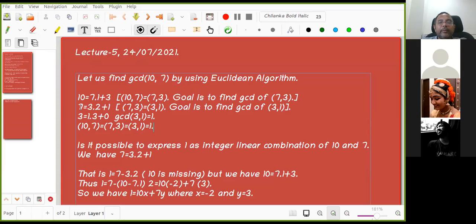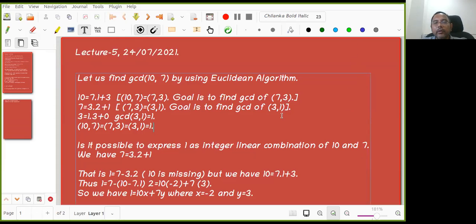Is it possible to express this 1 as an integer linear combination of 10 and 7? That is another point now. To do that, what will we do? From the equation 7 is equal to 3 into 2 plus 1, I can write 1 is equal to 7 minus 3 into 2.